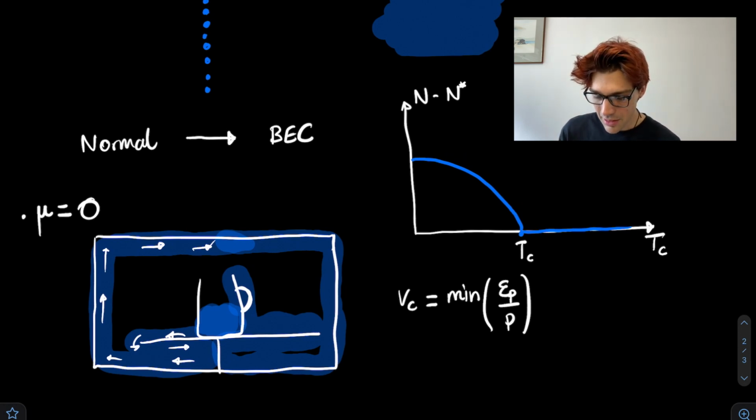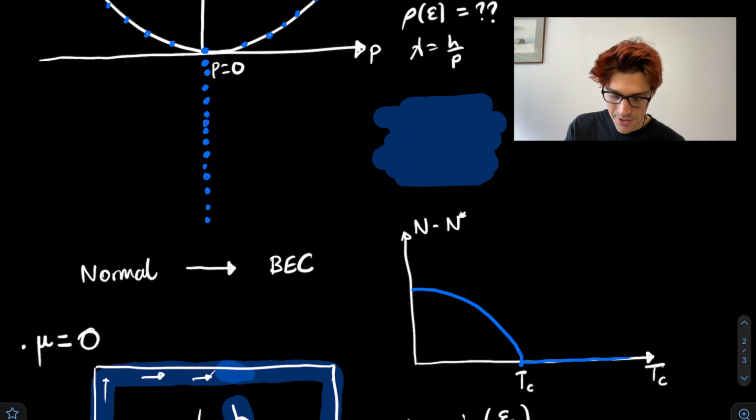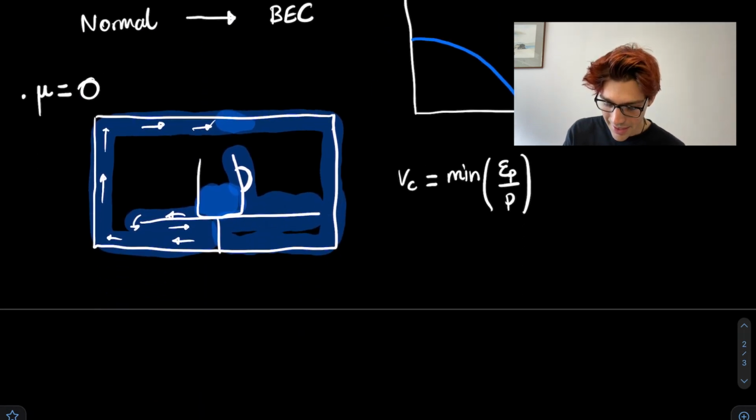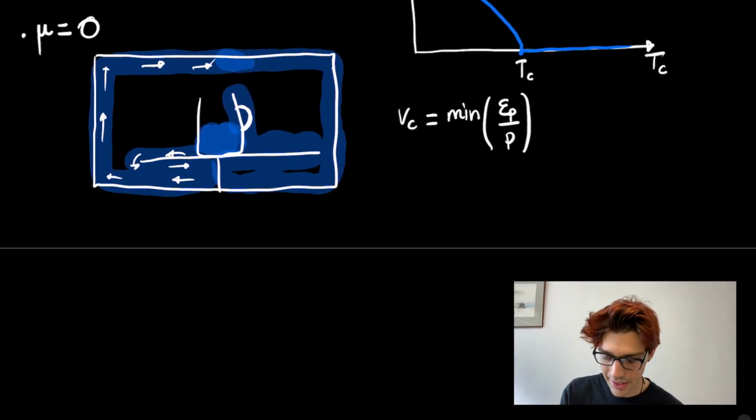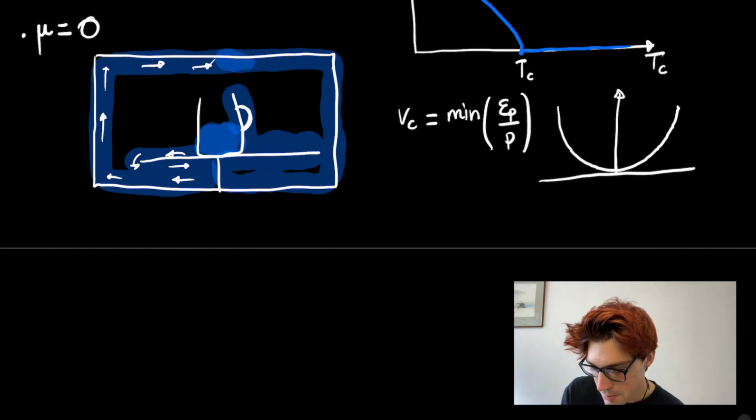For a normal fluid, like this one we've just been considering right here, it actually turns out that you can't have superfluidity. Because if we plot the dispersion curve, then what's the minimum of this ratio right here? Well, the minimum is going to be here. And if we divide by p, it's not going to make any difference.